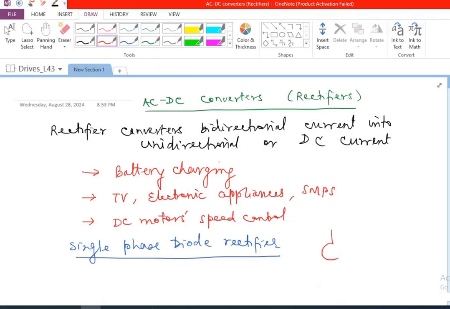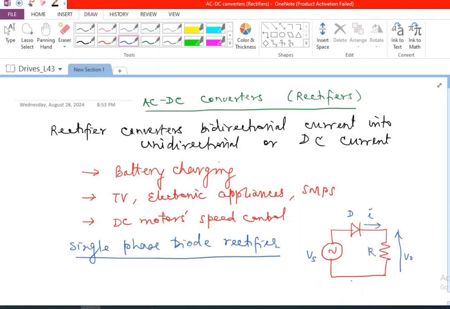So we have a single diode connected, and let us say a resistance is connected here. I may call this Vs, and the voltage across the resistance V naught. This is the resistance, this is the diode, and the current that is flowing here is I.